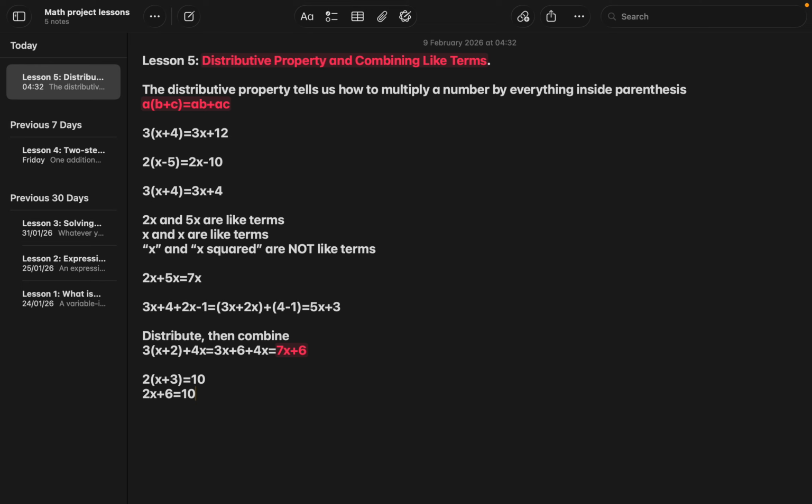Our second step is to undo plus 6, so we subtract 6 from both sides. Here we get 2x equals 4, and the value of x equals 2.